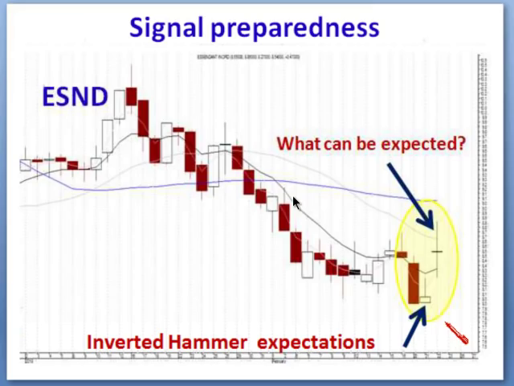So if I was way away from the T line, way below it, my first target would be up to the T line. On the upside, if you start moving way up, way above the T line and see a sell signal, the logical conclusion is that it's going to come back and test the T line.